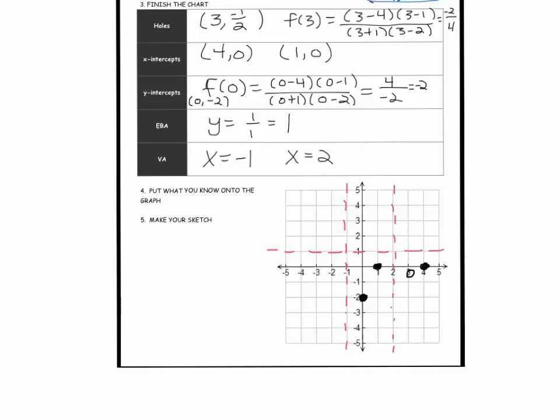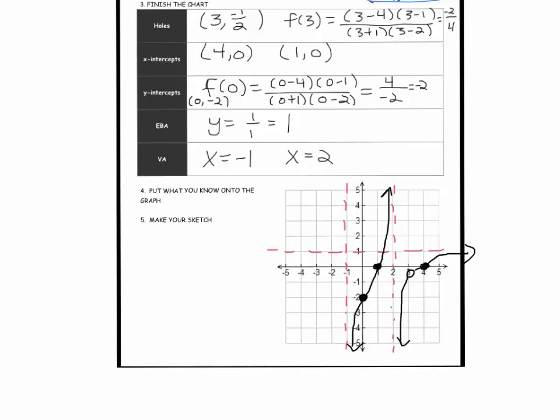And now I'm going to start to sketch my graph. I know the function can't cross over the vertical asymptotes. It levels off at the end behavior asymptote. But notice here right in the middle, this is what I was talking about earlier. The function's got to go through those two points, and it's got to get close to those vertical asymptotes, so it happens to cross over the EBA there, and that's totally fine.